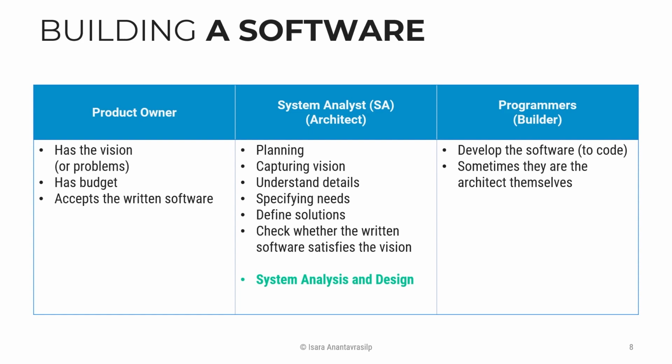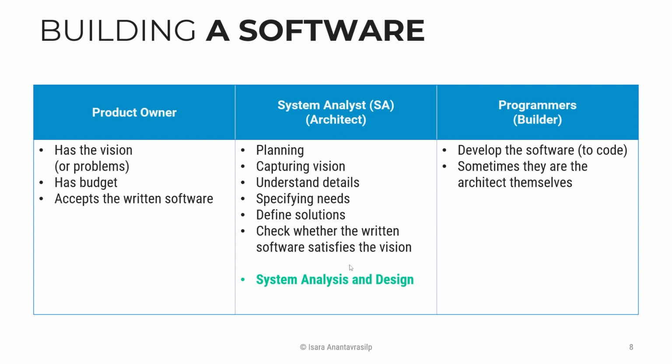And then he has to define solutions. Basically he has to develop the plan or construction blueprint such that the construction workers can carry out the work. And he has to check whether the written software satisfies the vision. We're going to come back to this point later as well.